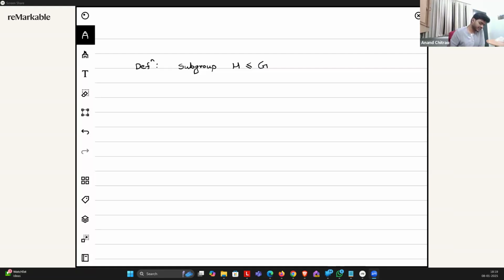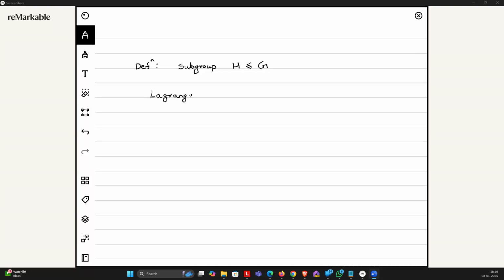Now, one of the first theorems which you see when subgroups are introduced is Lagrange's theorem, right? Can somebody tell me what Lagrange says about subgroups? If H is a subgroup of a group, then the order of H must divide the order of the group.